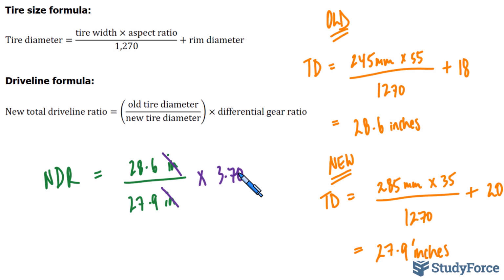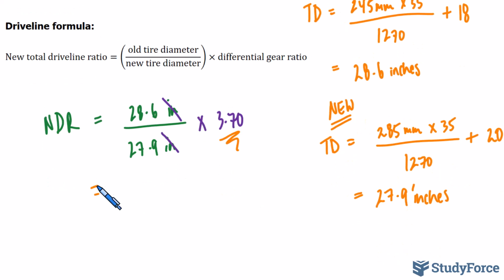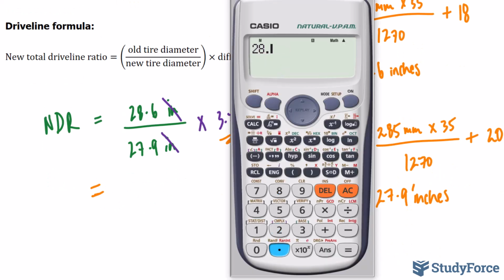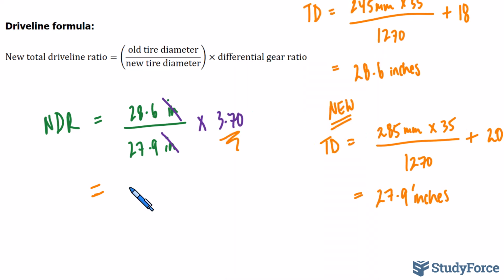We want our final answer to be to 2 decimal places as well, since this one is to 2 decimal places. Okay, so we take 28.6 divided by 27.9, and then we multiply this by 3.7. And we end up getting roughly 3.79, and that is technically 3.79 to 1.